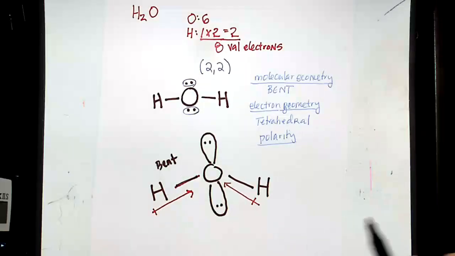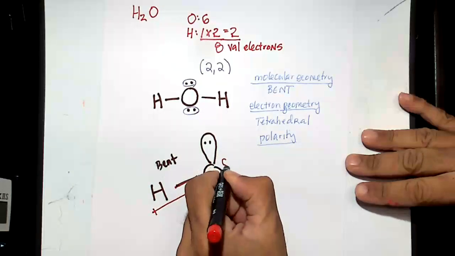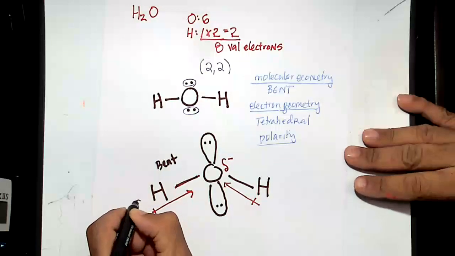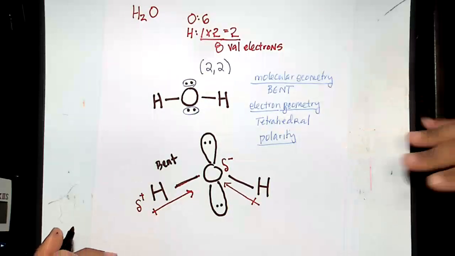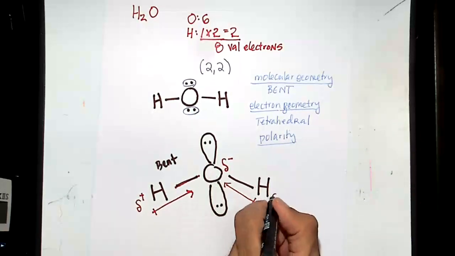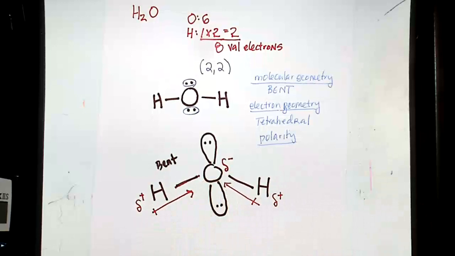Okay, so the oxygen pulls, making this partial negative. What will this hydrogen be? Partial positive. What about at the other end? Partial positive here, partial negative at that. So at the center, oxygen. So this is polar.